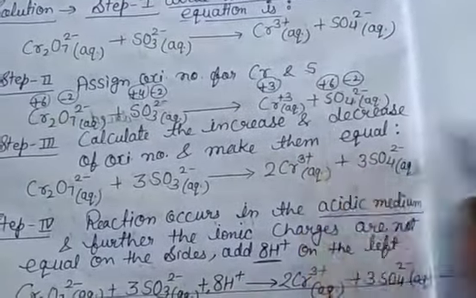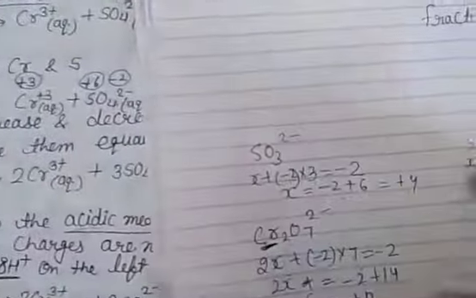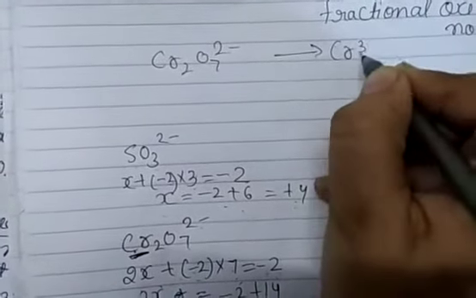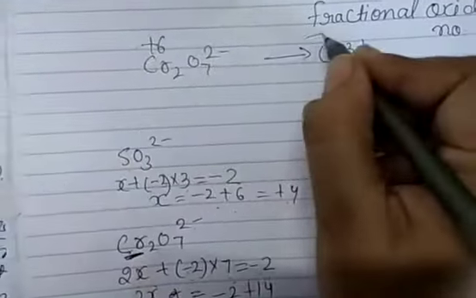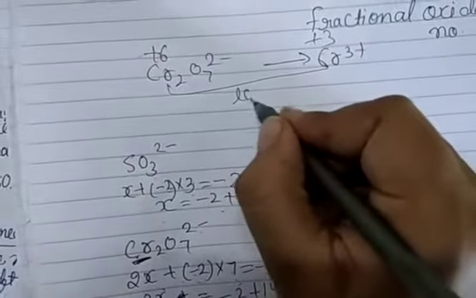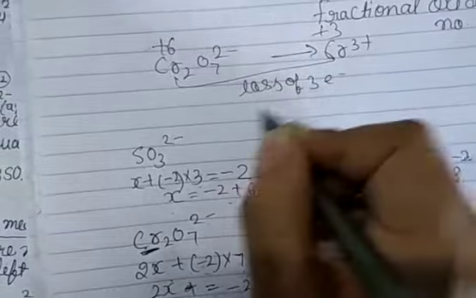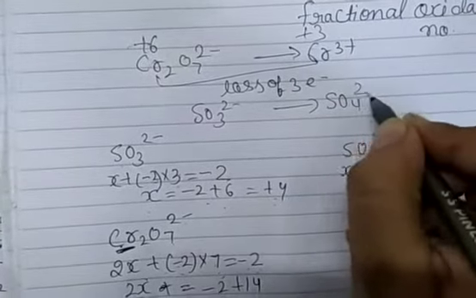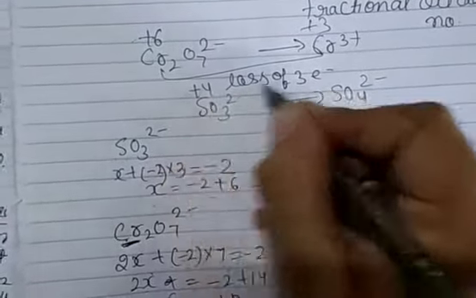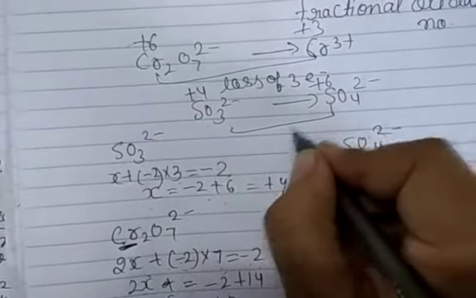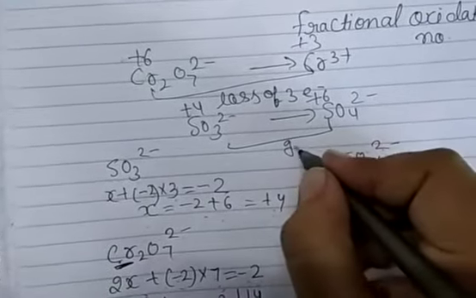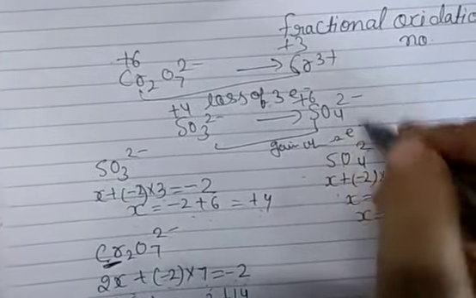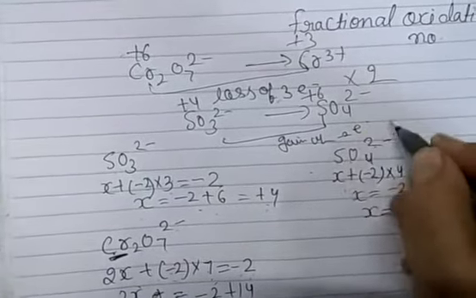That means Cr2O7 2 minus converts into Cr3 plus, so +6 valency converts into +3, a change of 3 electrons. Then sulfite ion SO3 2 minus converts into the sulfate ion, so +4 valency converts into +6, a change of 2 electrons. So 3 and 2. For making them equal, here multiply by 2 and here multiply by 3.